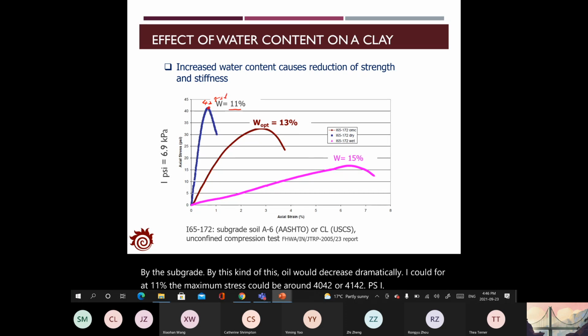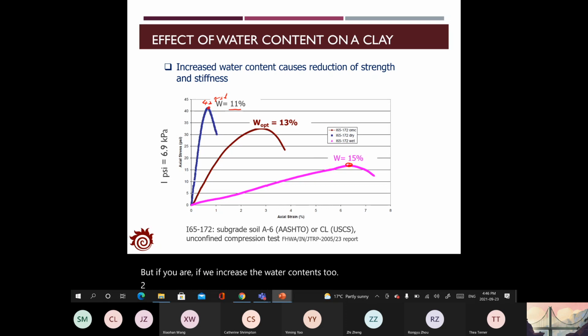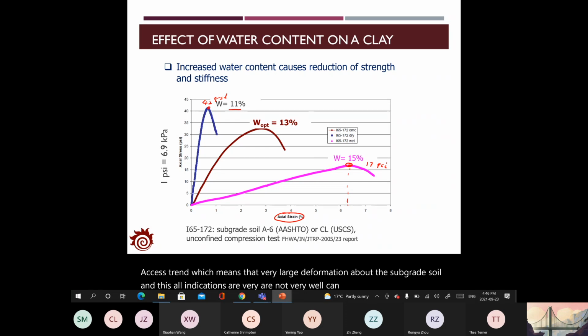But if you increase the water content to 15%, the maximum stress will be reduced to around 17 psi, and you can see a very huge axial strain, which means a very large deformation of the subgrade soil, and this all indicates something that can induce very significant distress to the pavement structures.